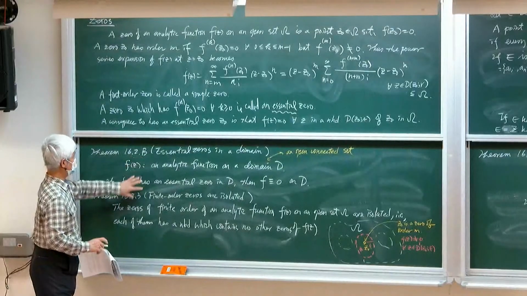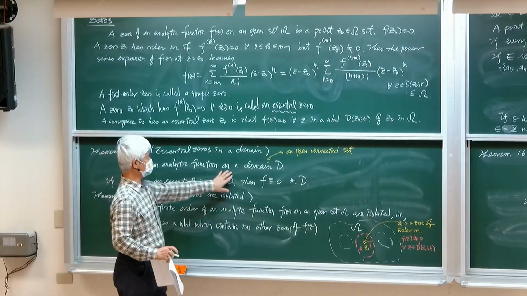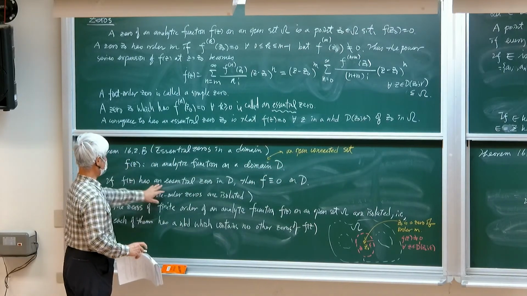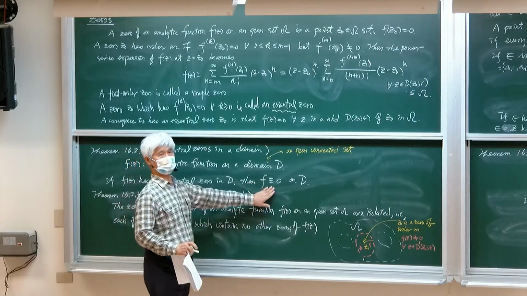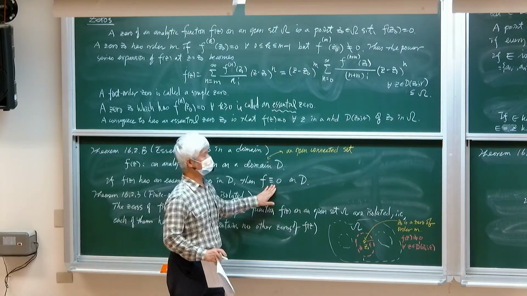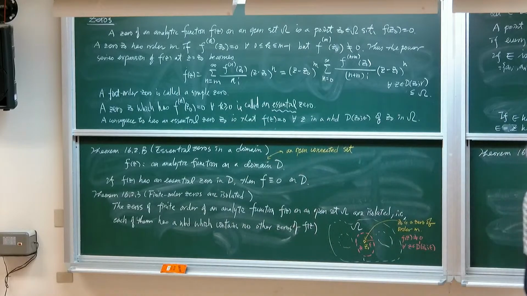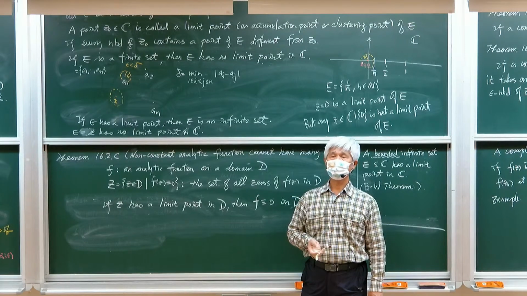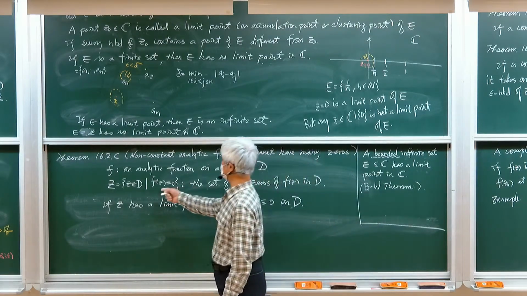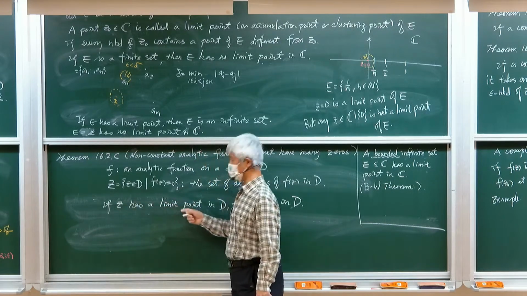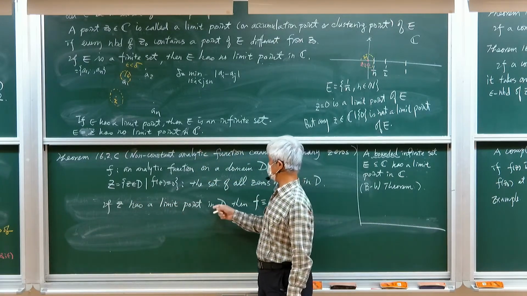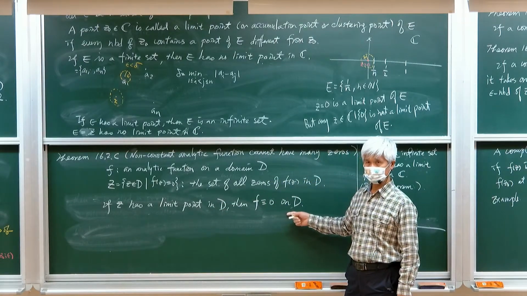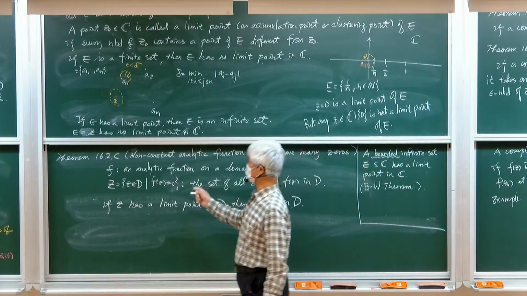The theorem says that if we have an analytic function defined on a domain, and this analytic function has an essential 0 in D, then of course this is 0. A counterpart here is that even though we don't have an essential 0, if the 0 set has a limit point in D, then we have the same conclusion.